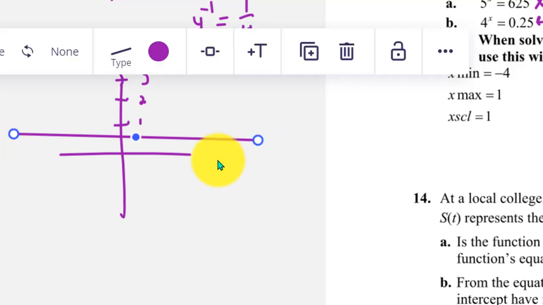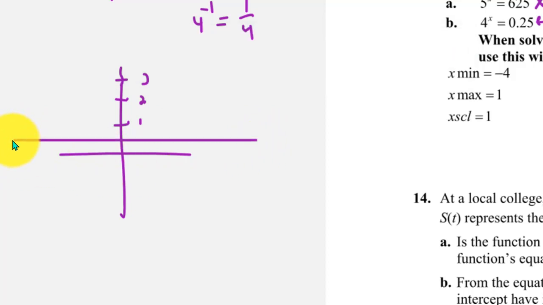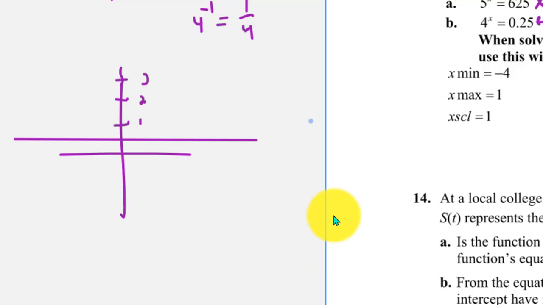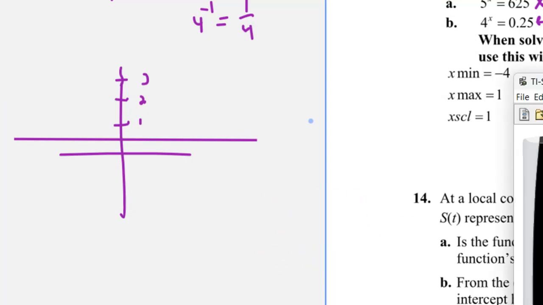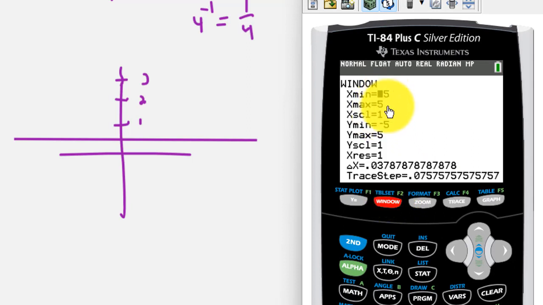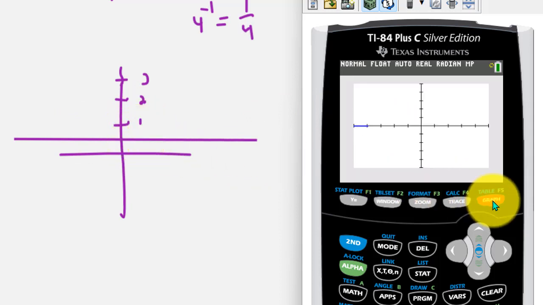I didn't really draw that very well, but we're trying to figure out when this is going to intersect, okay? All right, so my window's got to be really tight. For my window, I went from negative 5 to 5 on the x-axis, and negative 5 to 5 on the y-axis. I press graph.